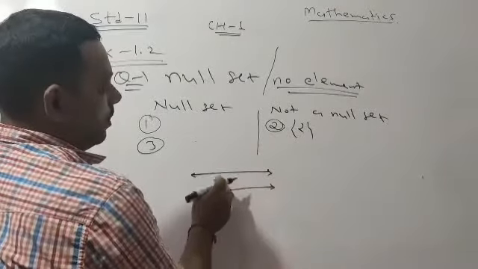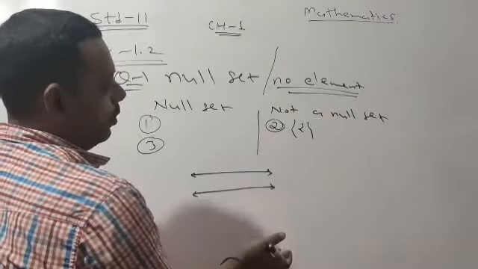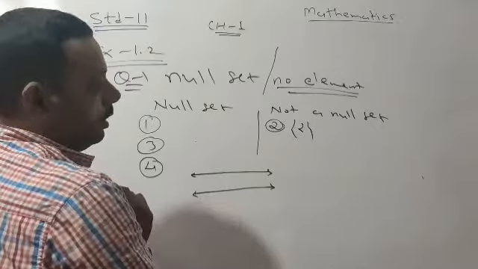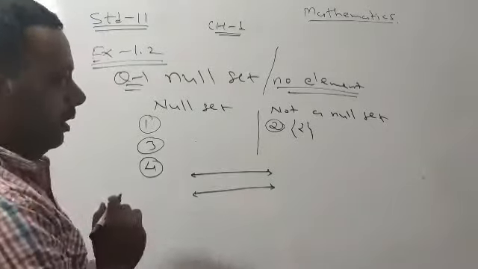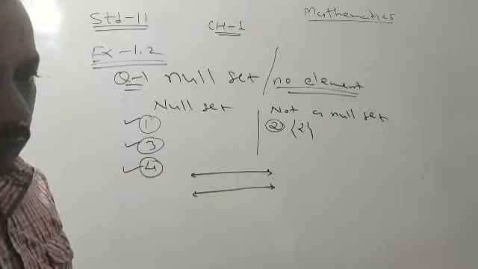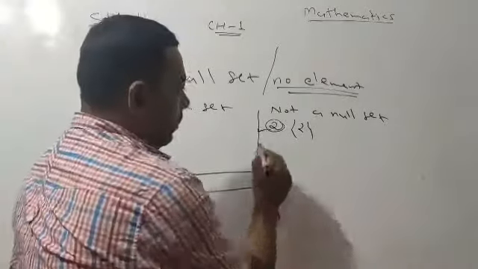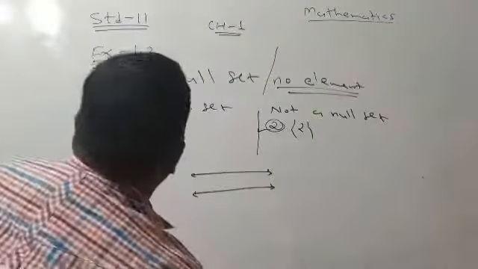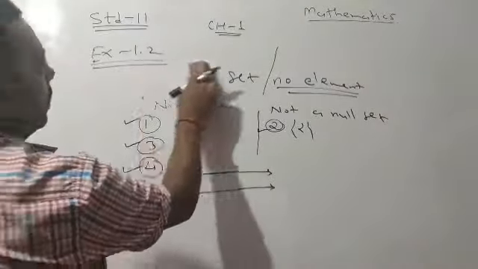So, is there any common element between these two lines? No, definitely no. So, the fourth one is also an example of null set. Hence, first, third and fourth are null set, and this second one is not a null set. Clear? Okay. Now we'll go with question number 2.